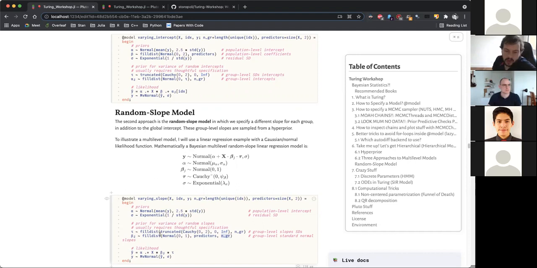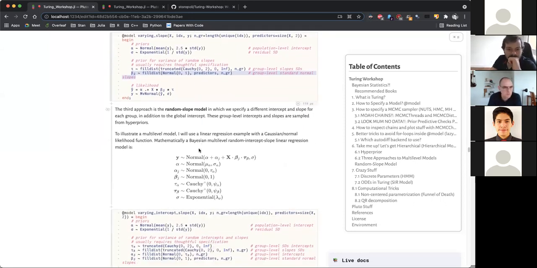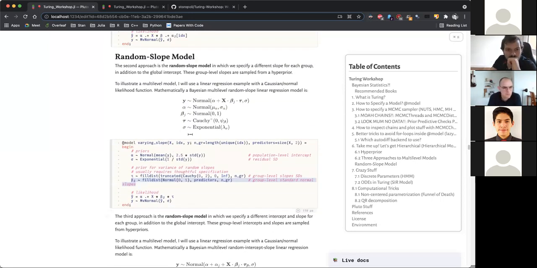And I do the same. I only changed this part here. And this is how I specify a random slope. The mix of those two is the random intercept-slope model.